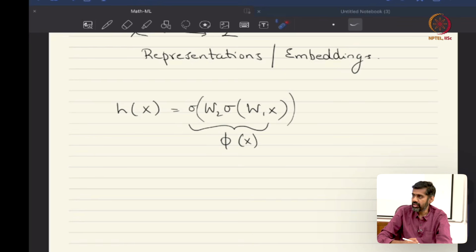But in a neural network, the function that transforms the data is learned, and that depends on these parameters, isn't it? So, that way a neural network can be seen as a nonlinear change of basis with learnable transformations. That is why it is powerful.